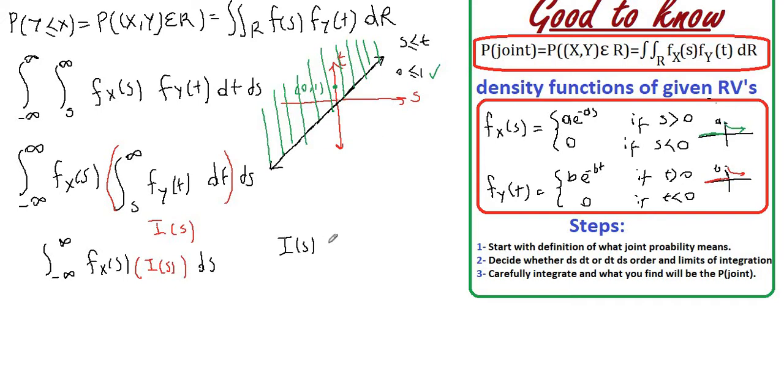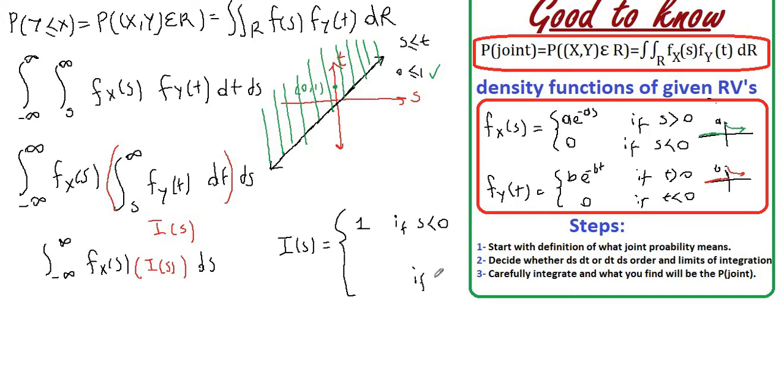I of s, here if s is less than 0, which will be the entire region of the density function. So it will be 1 if s is less than 0. Then it will consist of s to infinity, everything, if s is less than 0.